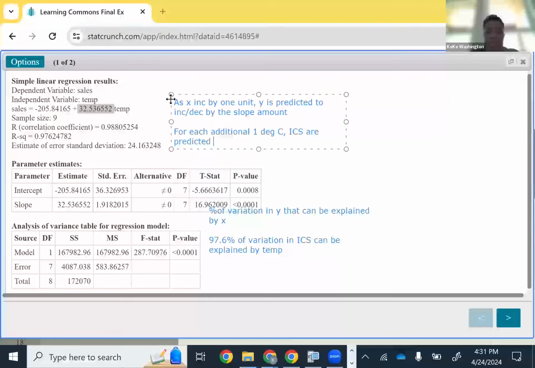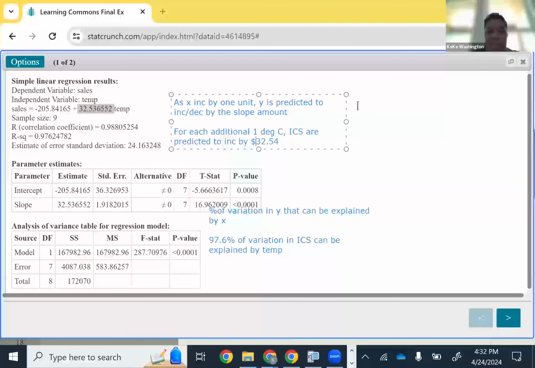The slope is positive, so it's going to be increase on average by the amount of the slope, which is 32.54. And now we've got to get the units of measure correct. Since y is increasing by this amount and y is sales, there should be a dollar sign. Okay. So for each additional 1 degree Celsius, our ice cream sales are predicted to increase on average by about $33.